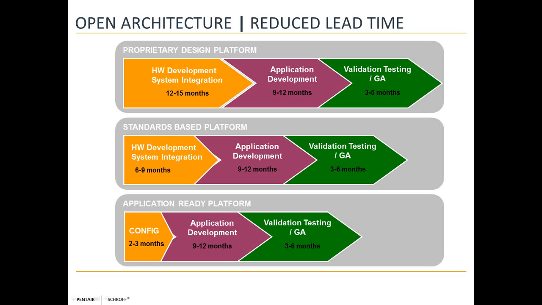Overall, you can take a typical proprietary design life cycle from 24 to 30 months and actually reduce that down to about 12 to 21 months. As you can see, if you consider the total cost and time to develop, validate, and source a proprietary design, the proprietary approach is both costly and time consuming, especially in today's market.